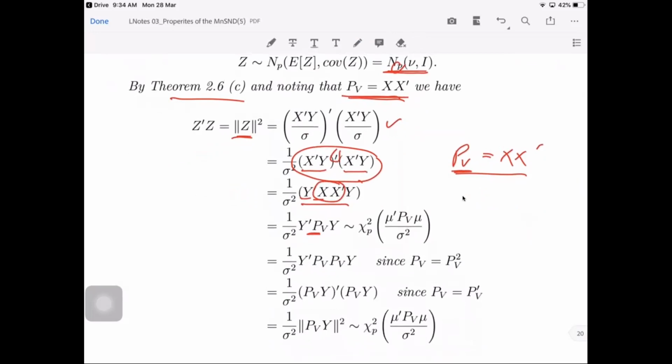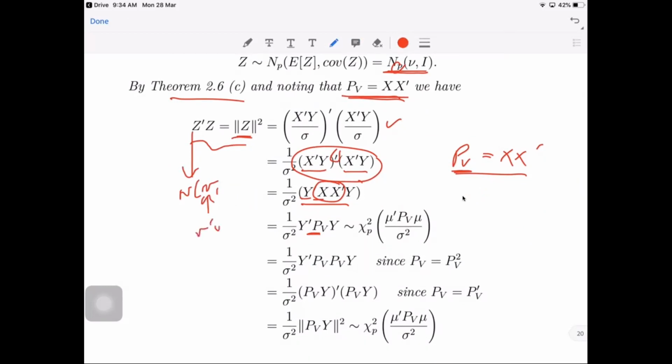And then since the z here satisfies standard normal with v, so the non-centrality parameter here is v prime v and I. So kung imong i-square norm, mahimo siyang chi-square, no? With this non-centrality parameter. So you will have mu prime PB mu over sigma square. So kay kini siya kay mu man eh, mu prime. So kini mu. So naa kay matrix PB.